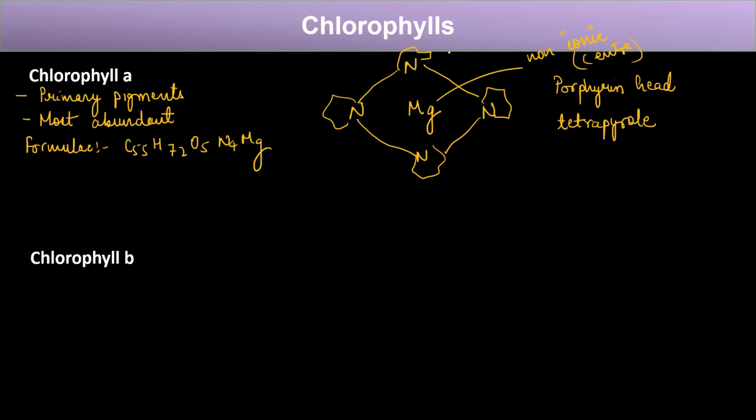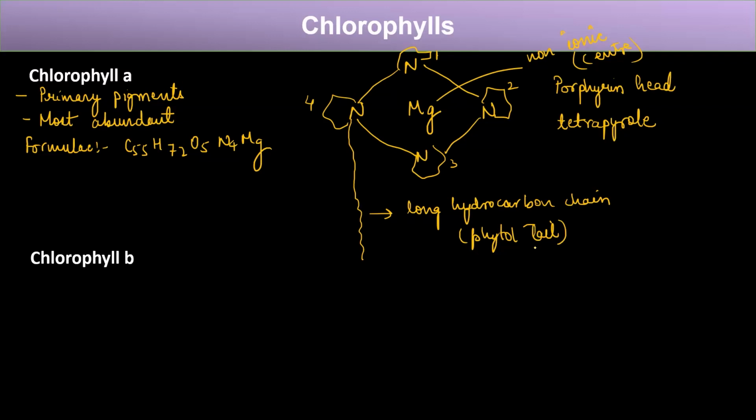Now, if you look at the numbering, the pyrrole rings start from here: 1, 2, 3, 4. From the fourth pyrrole ring, we have a long hydrocarbon chain, and this chain is known as the phytol tail.